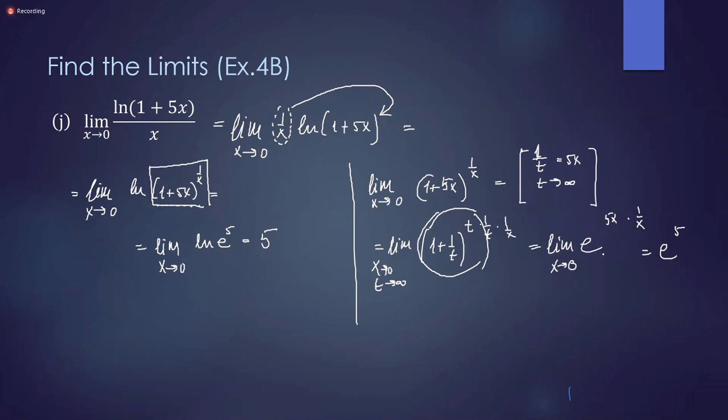So I would say doing things separately is just fine. Taking separately what is inside the logarithm, dealing with that part, and then going back, putting the result into the logarithmic expression.